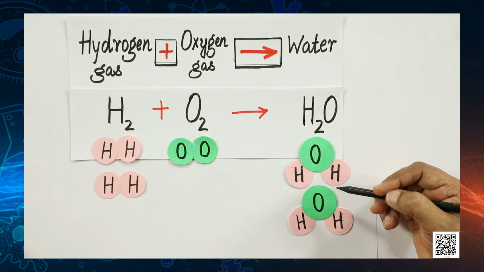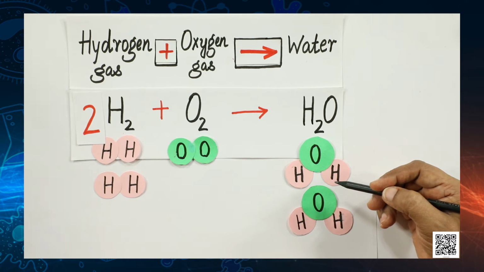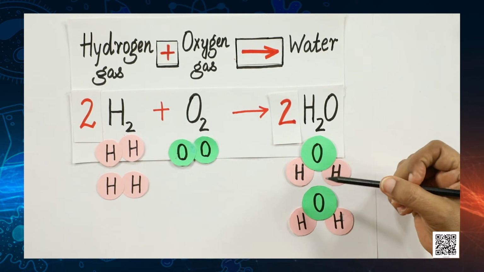So, 2 atoms of hydrogen. So, we need to add coefficient 2 in front of this, like this. Oxygen molecule is 1, so we need not write anything, and here we have 2 molecules of water, 1 and 2. So, again we will write a coefficient 2 in front of the water molecule. So, now this equation is balanced.